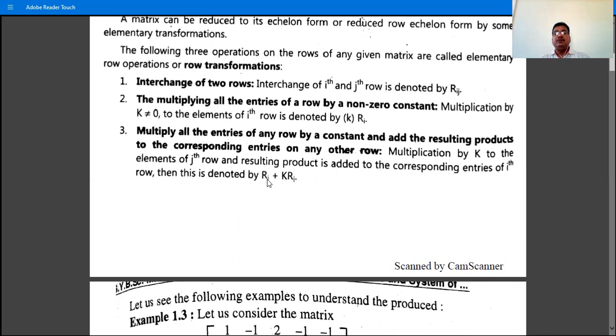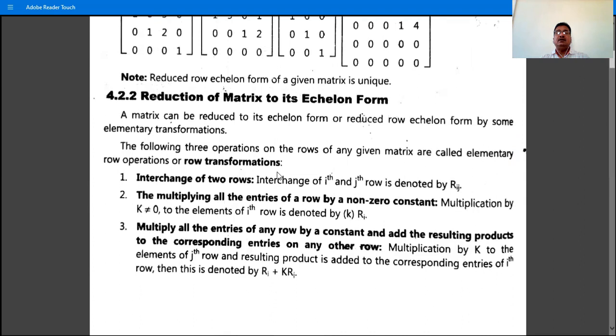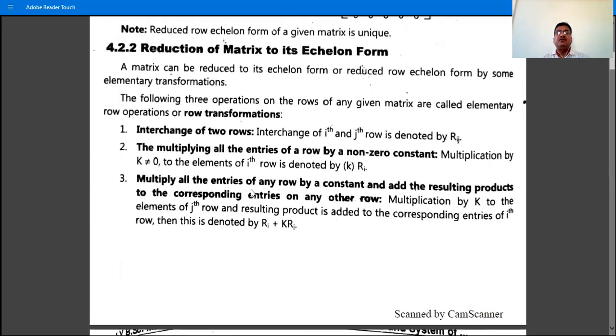For example, if you write R1 plus 2R2, then multiply the second row by 2 and add to the first row. So these are the three elementary row transformations. By using these, we can reduce the matrix to its echelon form, row echelon form, or reduced row echelon form.